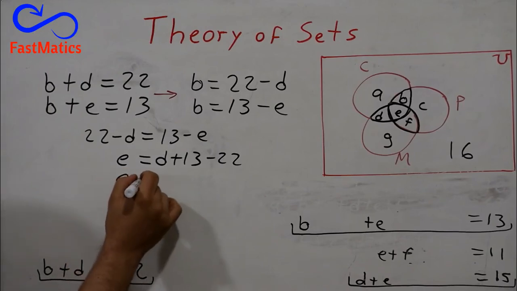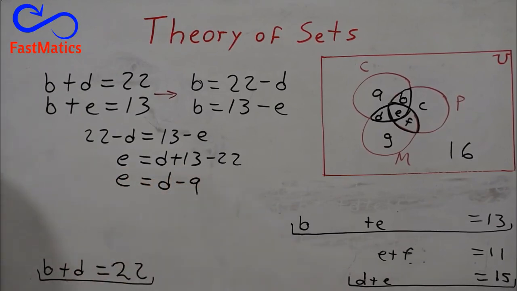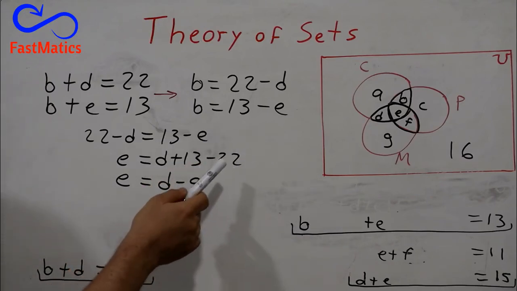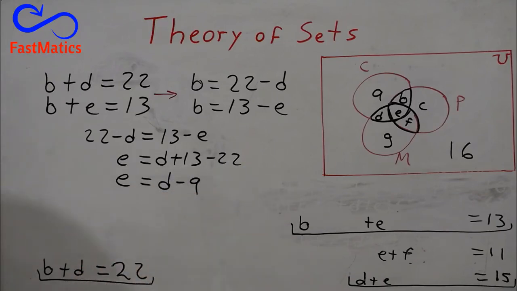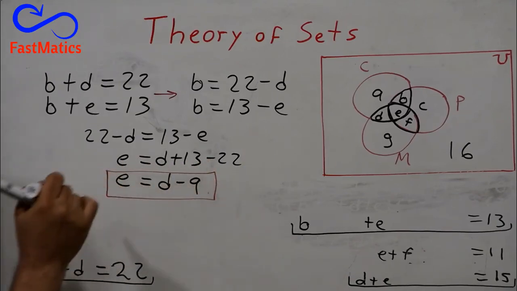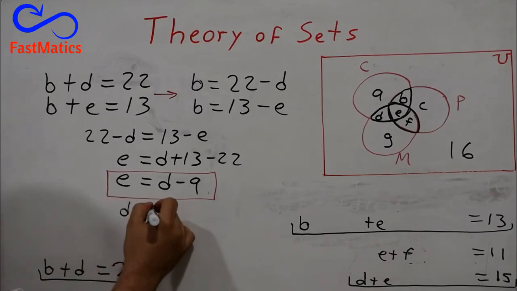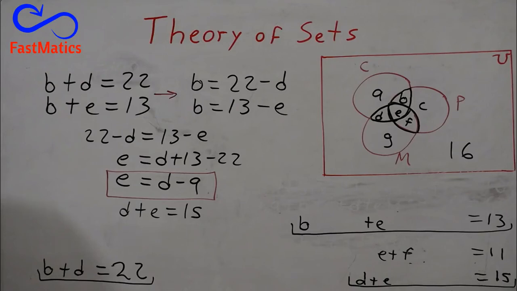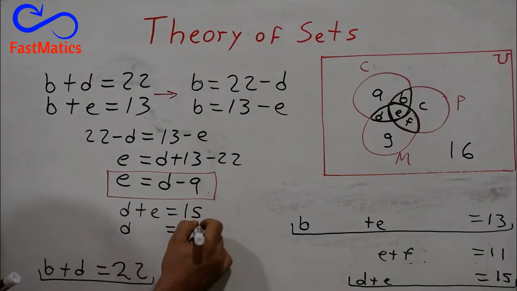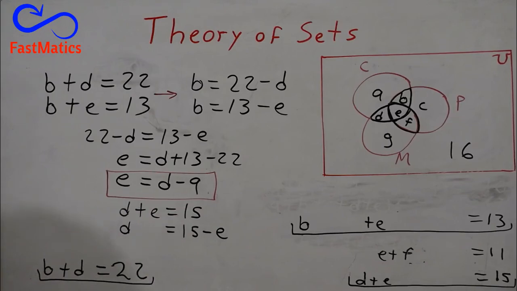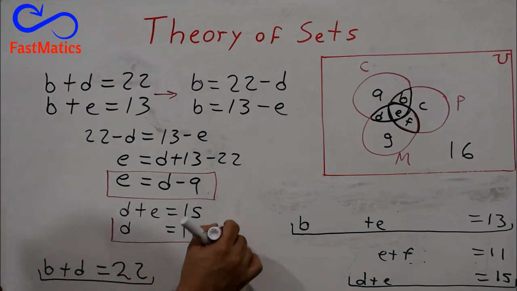That means that E is equal to D minus 9, because 13 minus 22, if you have different signs, you choose the sign of the biggest number and you subtract the numbers. This equation is very important. And if we consider D plus E is equal to 15, we can say that D is equal to 15 minus E. Another very important equation.